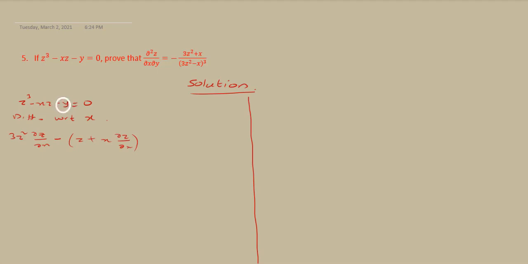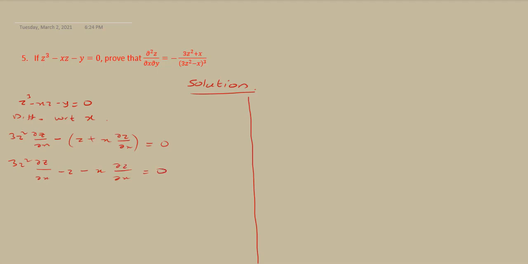So this one is 0, is a constant, so the answer will be equal to 0. Now I have 3z square dz dx minus z minus x dz dx is equal to 0.